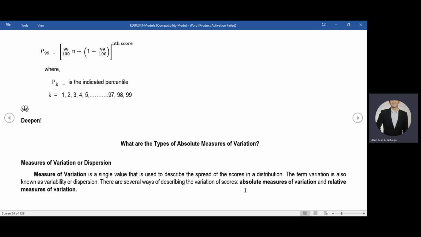The term variation is also known as variability or dispersion. There are several ways of describing the variation of scores. First, absolute measures of variation, and second, relative measures of variation.